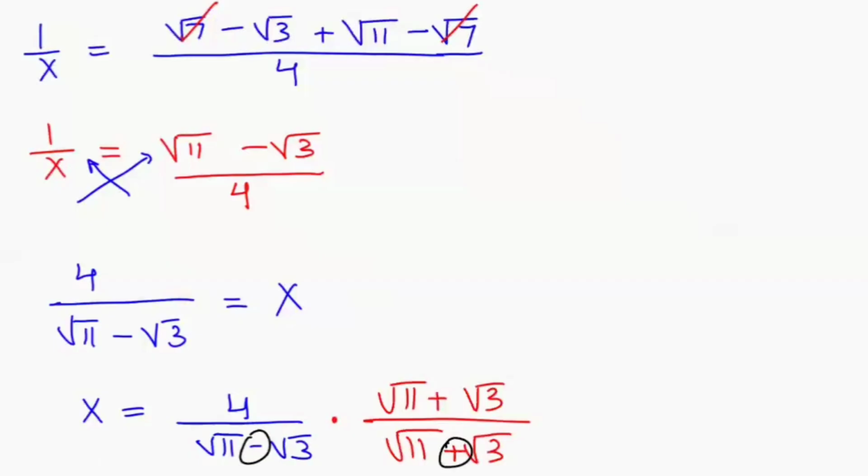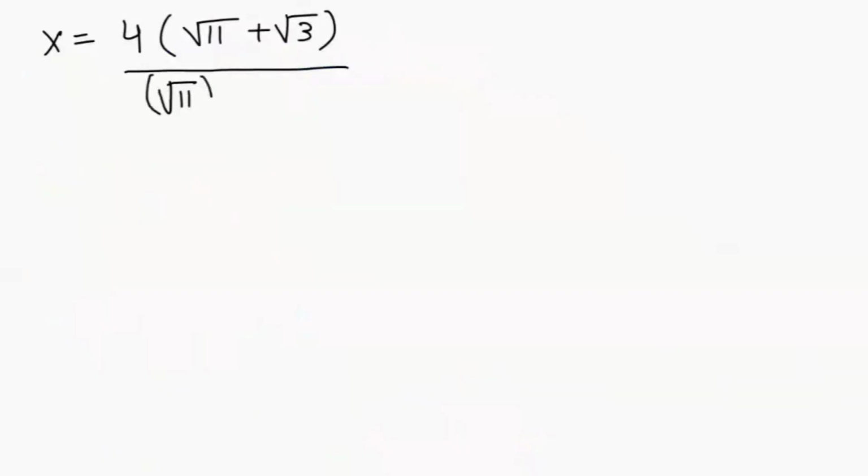So this equation turns to x is equal to 4 times root of 11 plus root of 3 over root of 11 whole to the power of 2 minus root of 3 whole to the power of 2. This and this are going to be cancelled out, this and this are going to cancel out.